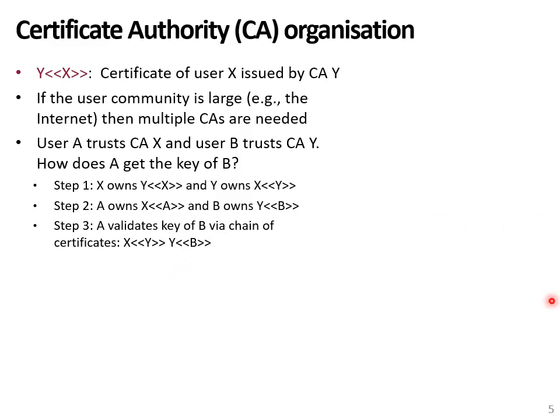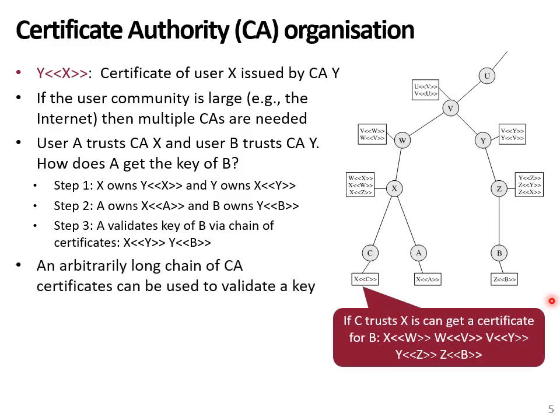And this doesn't have to be limited to two certification authorities. A tree of authorities can be created. And this allows us to create an arbitrary long chain of certificates to validate a key. In this example, C has a public key certificate issued by X, and C only trusts in X. But if C trusts X, then it can get a trusted certificate for B's public key.